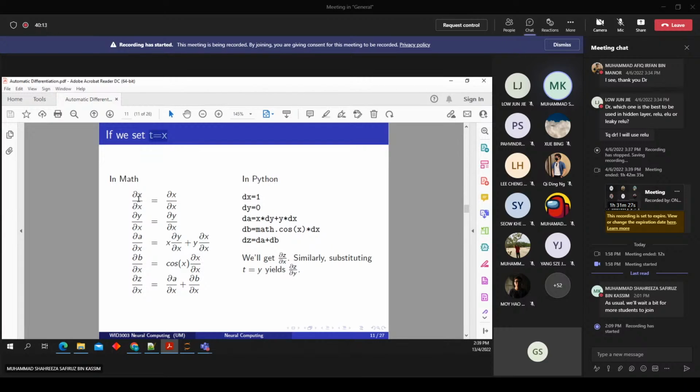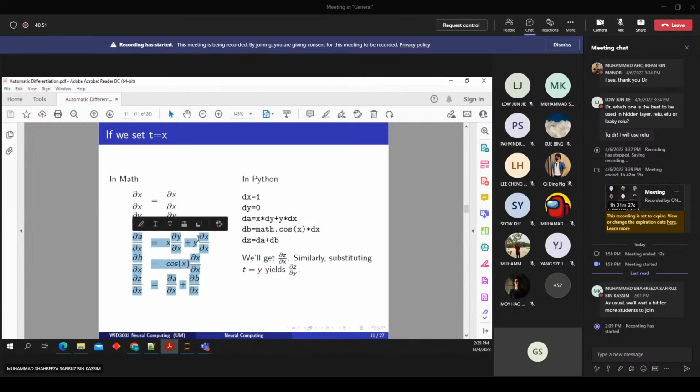So we set t equal to x, and then we find the derivatives. When we do that, the derivative of x with respect to x is 1. In Python, we set this as 1. And this becomes 0. And then the rest is the same. This term does not change. This term also does not change.